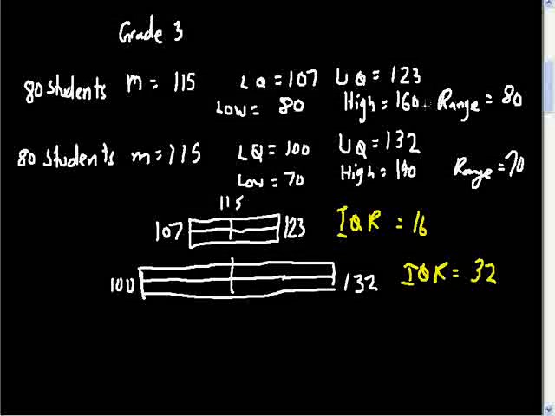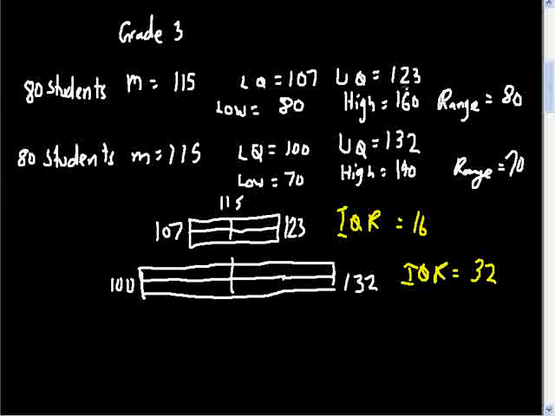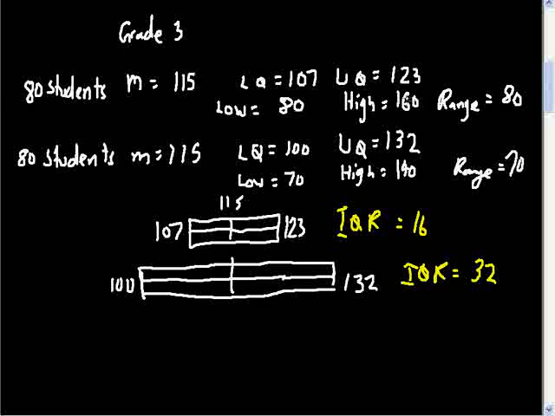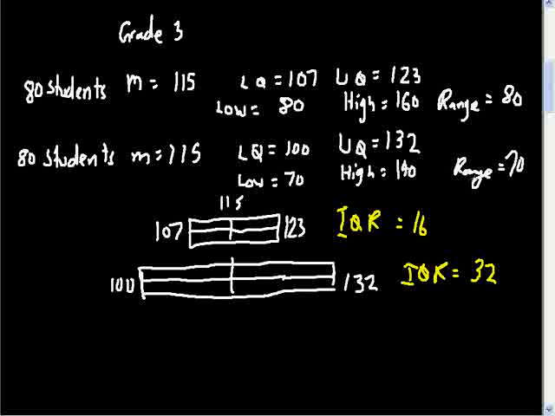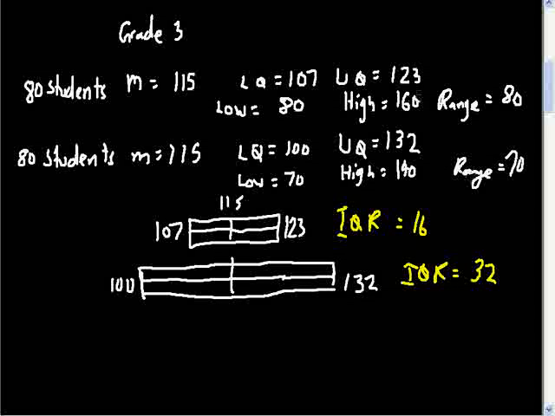It depends where this person was. If this person was in this class, you get a bigger range for this class. So that one person affects the whole range of heights of the class.